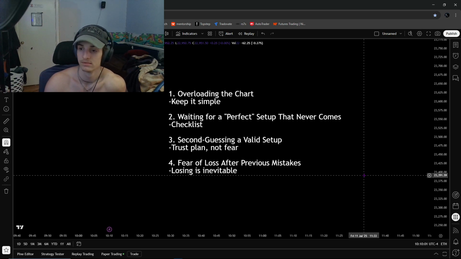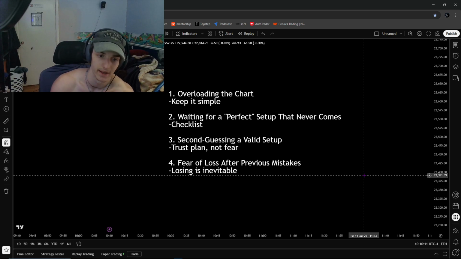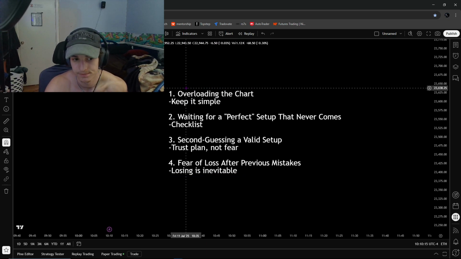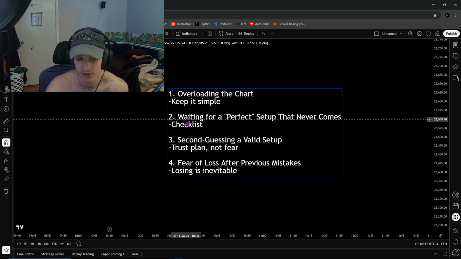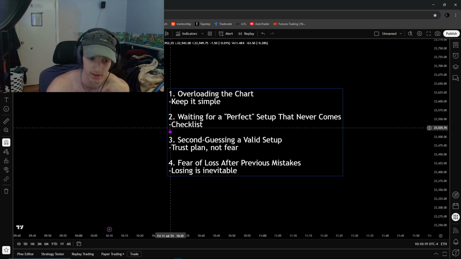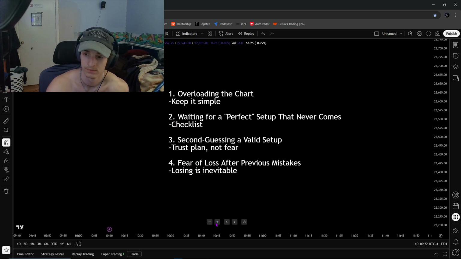But money. Focusing on the money is why a majority of this stuff happens. I've said this so many times. Maybe not 1, but 2 for sure, 3 for sure, and 4 for sure.